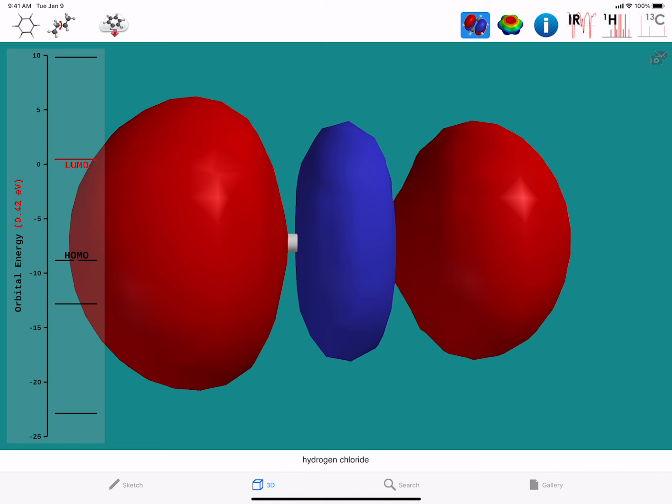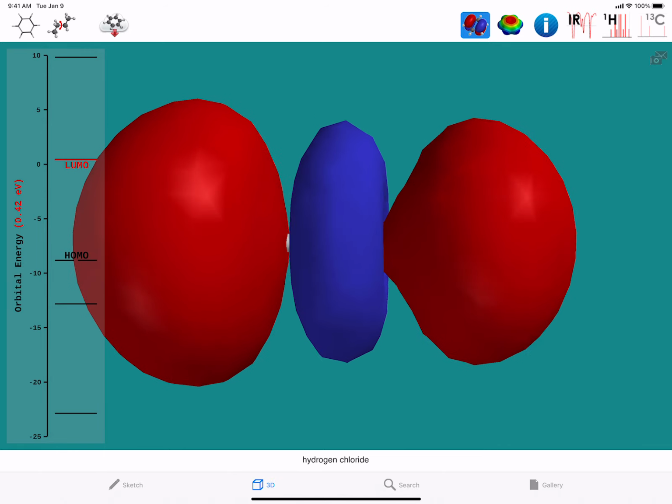Every time you go from red to blue, you go through 0. Every time you go from blue to red, you also go through 0. And you can see there are nodes in between both of them. Hydrogen is here, chlorine is here. All of it is the same orbital. The sigma star orbital is located in all of those places. So your question, all right, follow-up question? Sort of okay, maybe? All right.